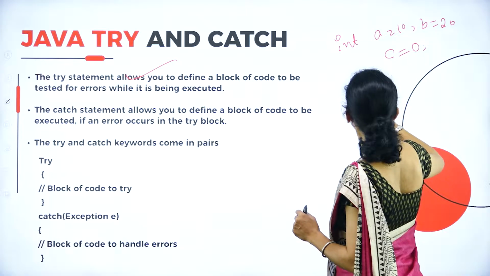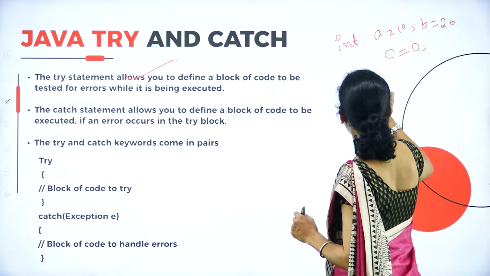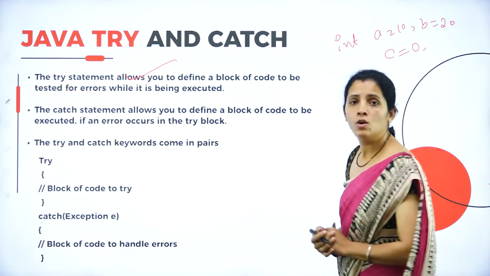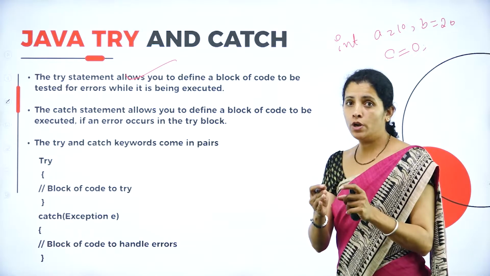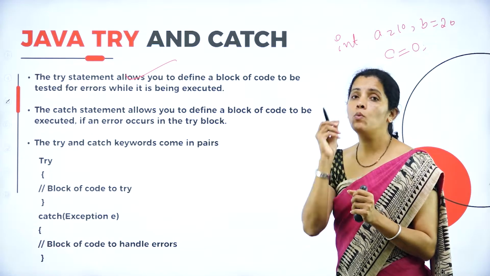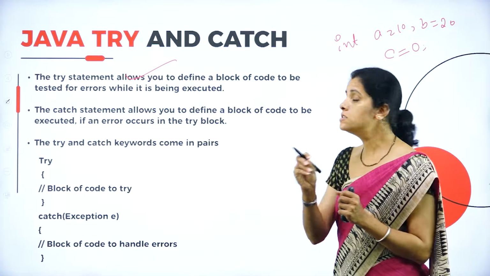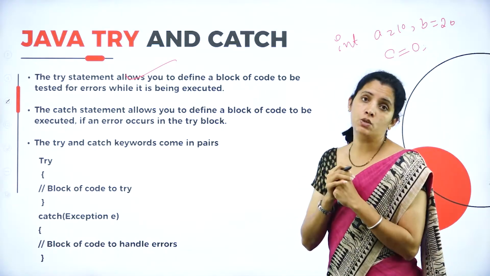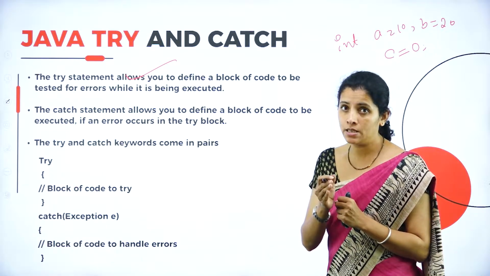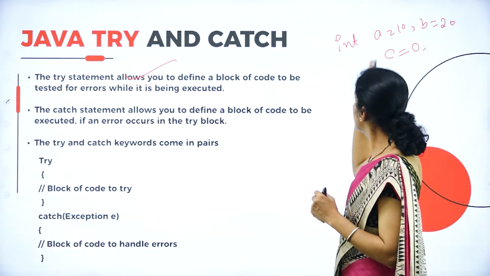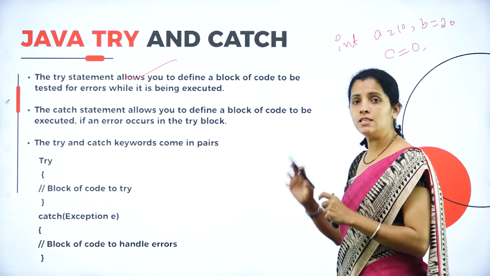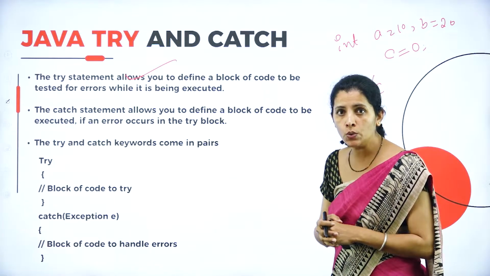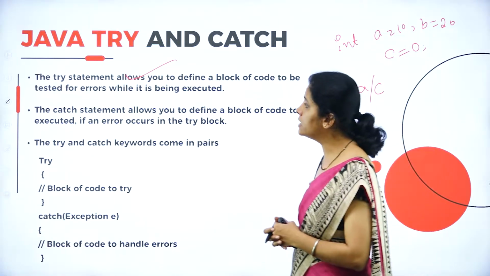Now what I will do, I'll write a by c. What's going to happen? It's going to generate some error, and what kind of exception? That is divide by 0. And the code which is going to generate an exception, those codes are written in the try. In the sense, what code I want to execute, that should be written inside the try.